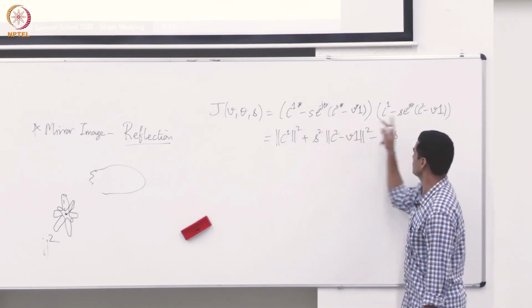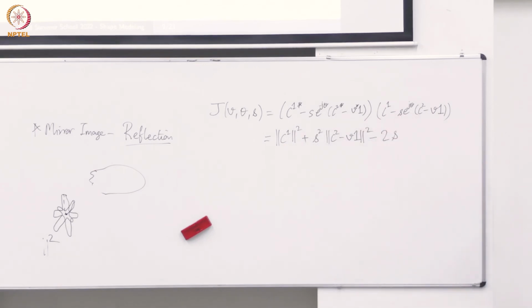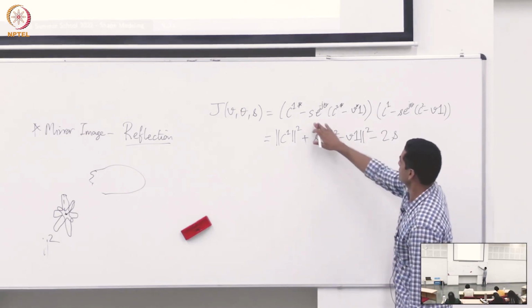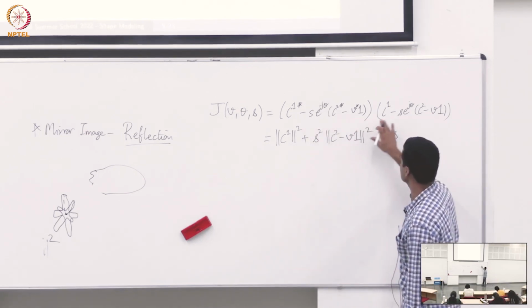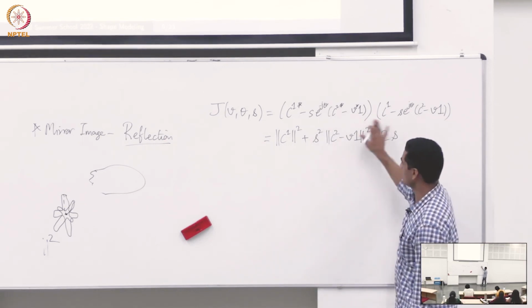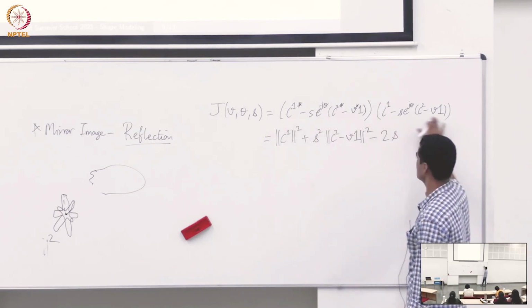So C1 star into this and this into C1 together, what will it give you? Observe, this into C1 is some complex number. What is the relation between this complex number and the complex number that you get by multiplying C1 star to this?